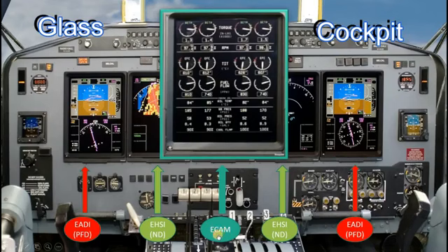ECAM is also called ECAS on different aircraft. The information the pilot gets on the ECAM is related to engine parameters: turbine inlet temperatures, EGTs, RPMs, N1, N2, oil pressures and oil temperatures, engine temperatures, engine pressures and thrust information. All of it is related to this ECAM display.